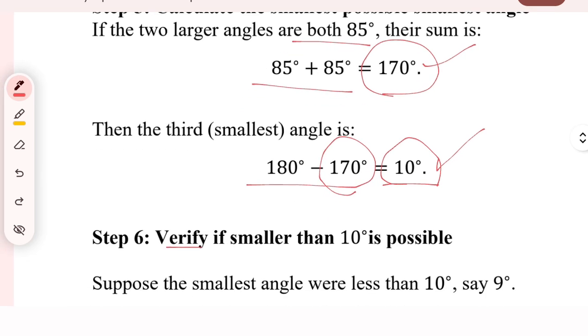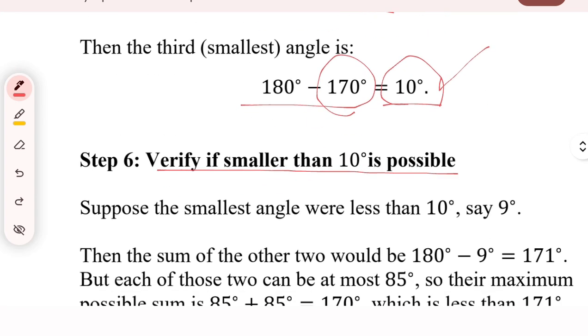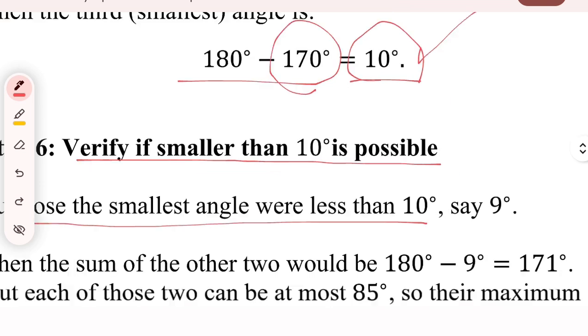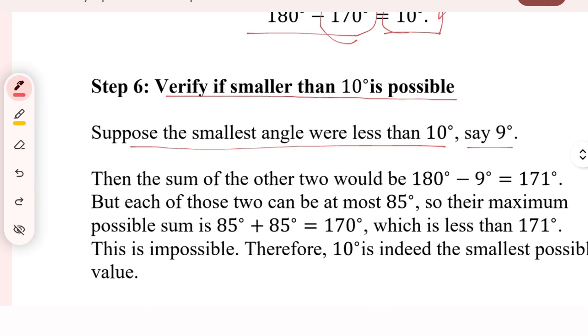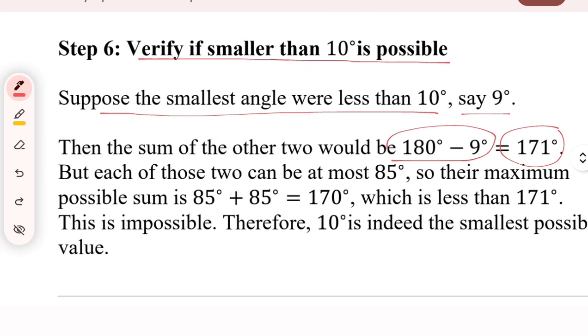And we can even verify if indeed this is possible. Suppose the smallest were less than 10. Let's say you think it is 9. So let's try 9. 180 minus 9 is 171, which is already wrong because the summation of the other two angles is already 170.